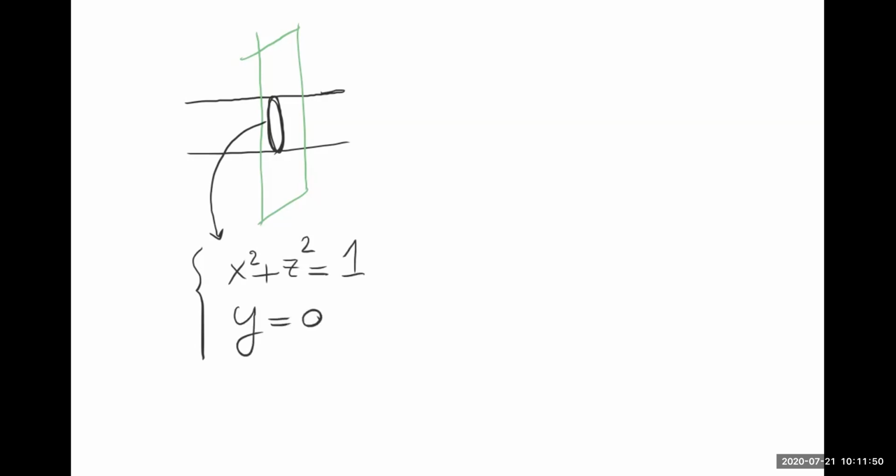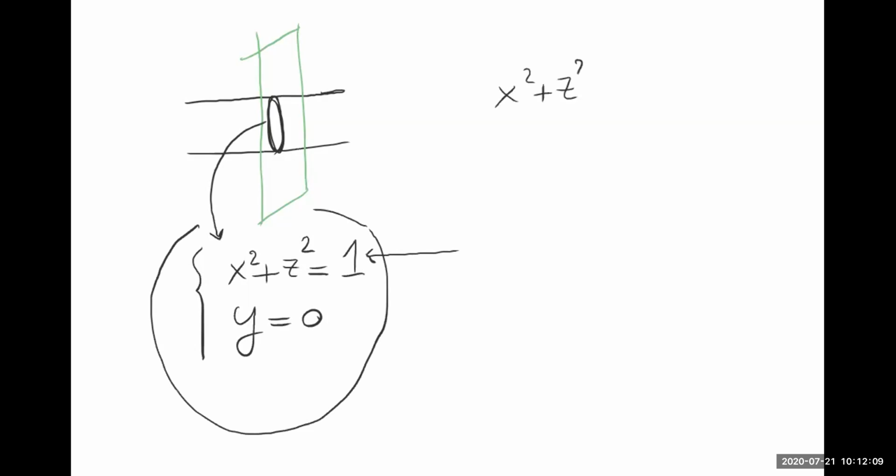So what is the equation of the curve? The equation of the curve is exactly this. A few of you said x squared plus z squared equals 1 is the equation of the curve. That is not the equation of the curve; it is the equation of the cylinder.